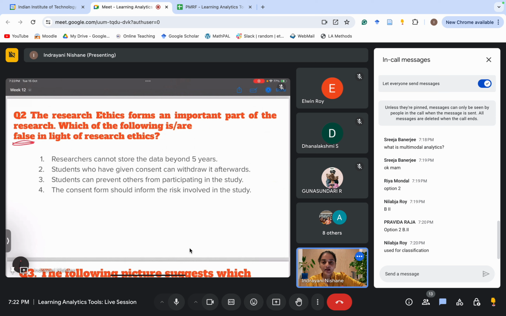So read all the options and decide which is not true, or which statement is false. Researcher cannot store the data beyond 5 years. Students who have given consent can withdraw it afterwards. Students can prevent others from participating in the study. Consent form should inform risk involved in the study.